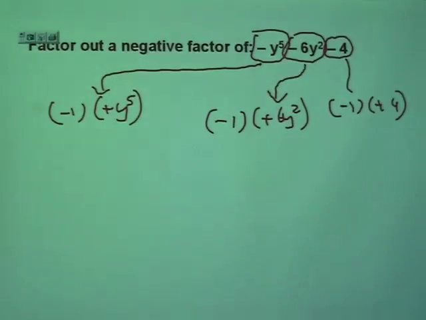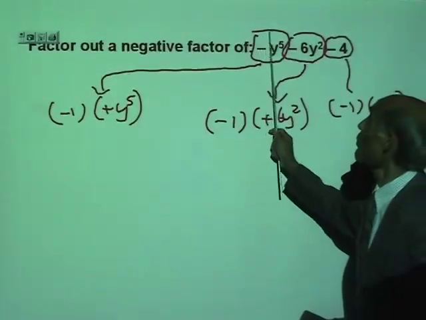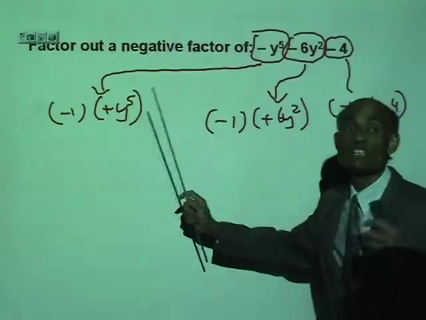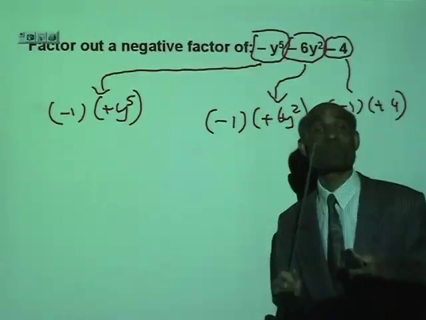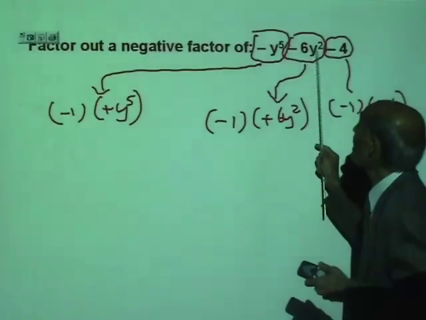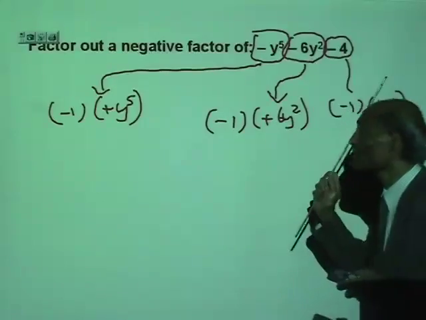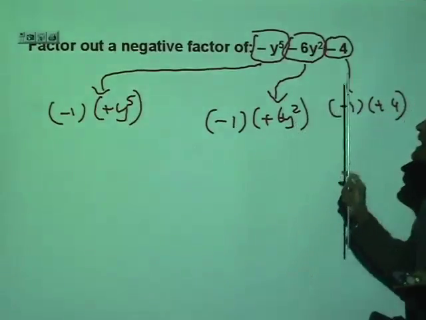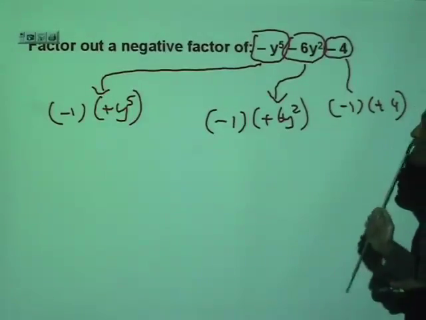You need to learn how to write these factors. Negative y to the power of 5 is negative 1 times positive y to the power of 5. And negative 6y squared is negative 1 times positive 6y squared. And negative 4 is negative 1 times positive 4.